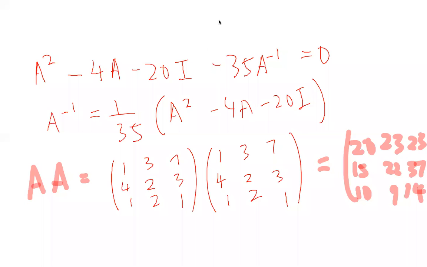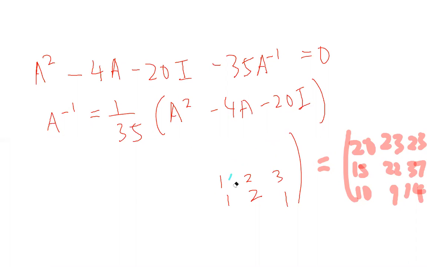Okay. So we can go ahead to substitute here because we're going to do the calculation. A squared minus 4A. So A squared is 20, 15, 10, 3.